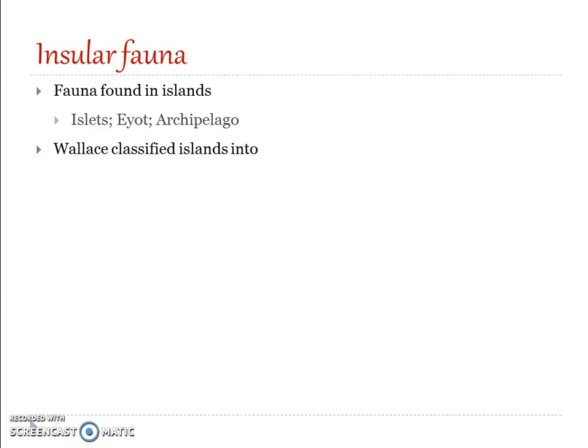Then the next one, sixth one, is initial plant and animal composition. If previously attached to a larger landmass, that is, if the particular island was attached to a larger mainland, then what kind of plant and animal communities were there during that time? After the separation of the island from the mainland, obviously those faunal and plant communities will be retained on the island.